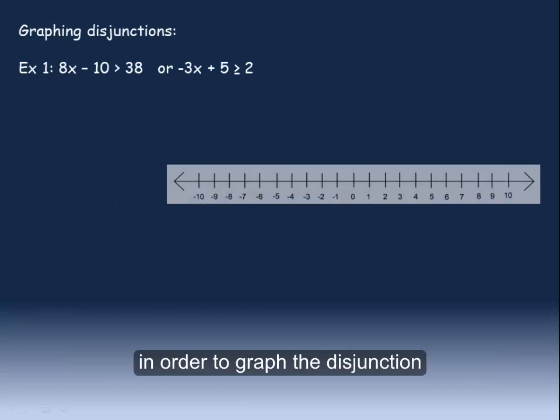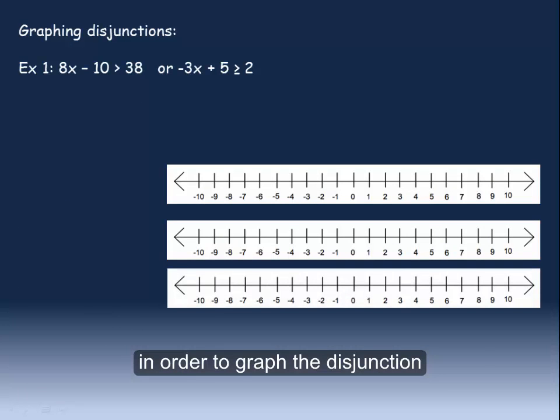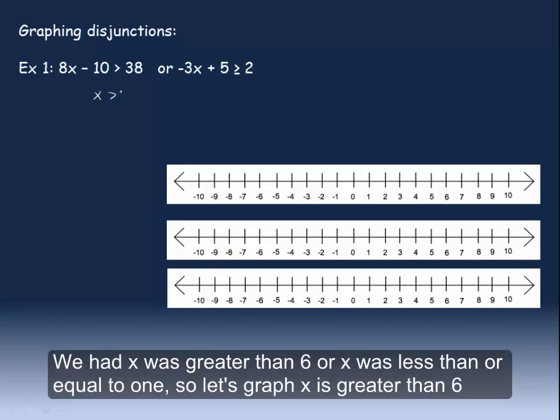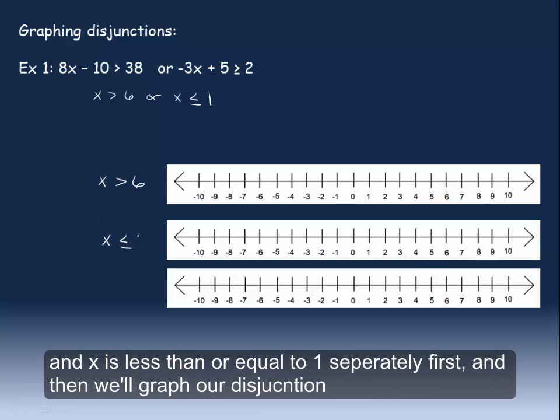In order to graph a disjunction, we'll do a similar technique as we did before. We had x is greater than 6 or x is less than or equal to 1. So let's graph x is greater than 6 and x is less than or equal to 1 separately first, and then we'll graph our disjunction together.